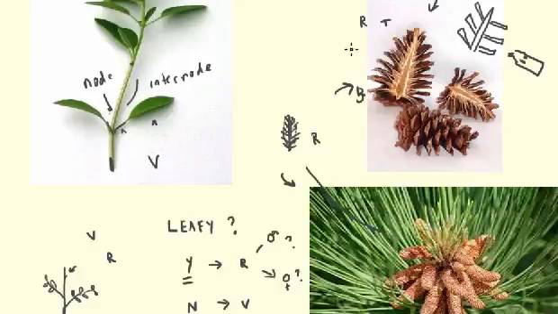See, what we lack in the case of a cone, what we lack in the case of a vegetative branch, is any kind of differences along the main axis. Pretty much the leaves that we have at the base are the same as the leaves that we have in the middle, which are the same as the leaves we have at the tip. These reproductive leaves, the bracts on a pine cone, are pretty much the same if we're looking at the base towards the tip. We're not really seeing any changes as we go from one end to the other.